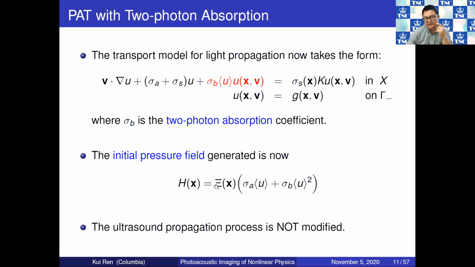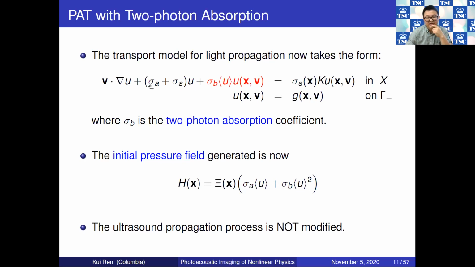This sigma times Gamma here is still the Grüneisen coefficient. So you have this quadratic form of absorption. Let me emphasize again where the problem is. The problem for analysis is really that if you look at this data, sigma_A times U plus sigma_B times U squared, these are both averaged.